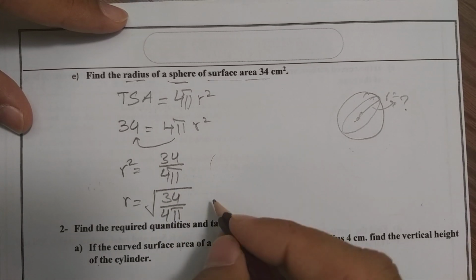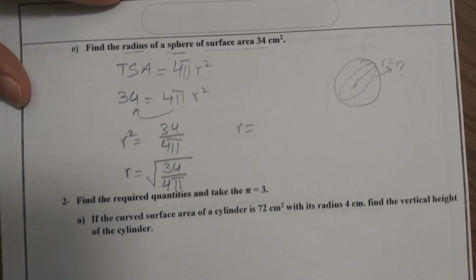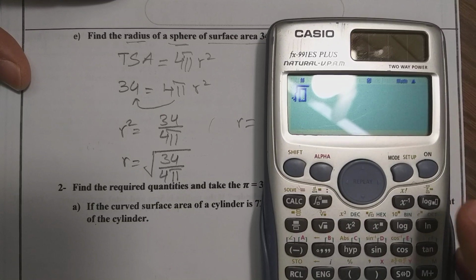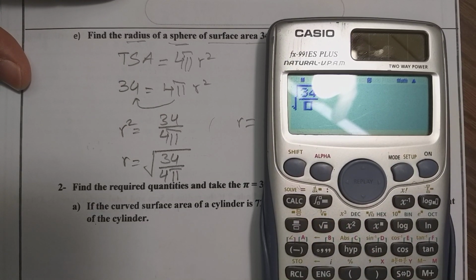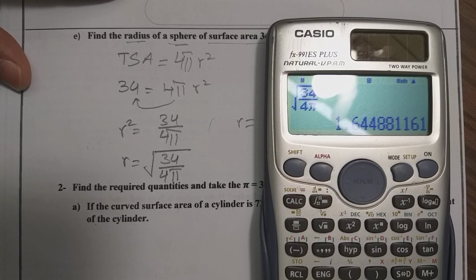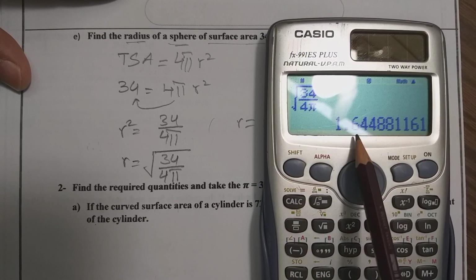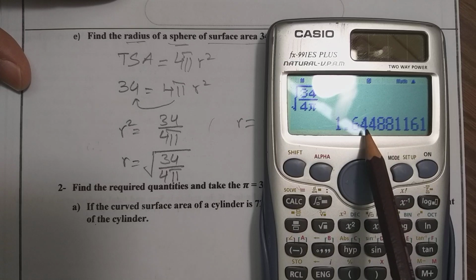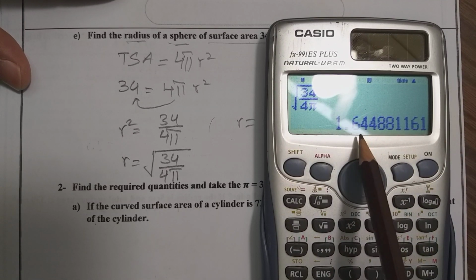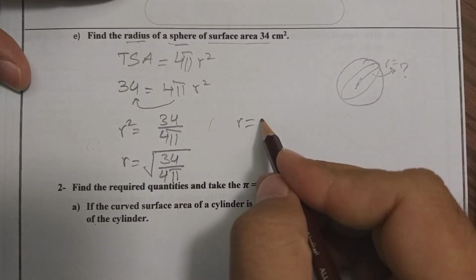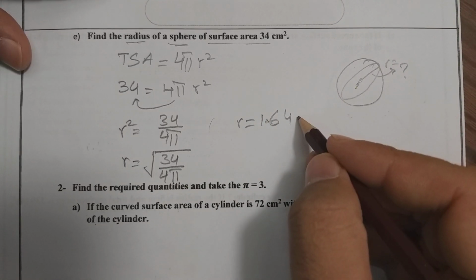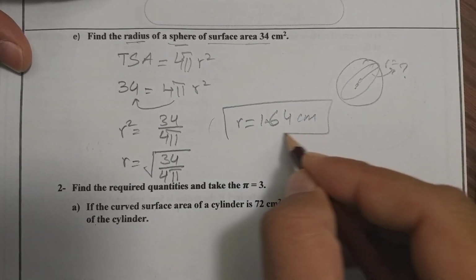So r equals the square root of 34 over 4 pi, which becomes 1.6448. I'm writing three significant figures. The third digit is followed by less than 5, so no need to increase it, so it becomes 1.64, and because it's a length, the unit is centimeter.